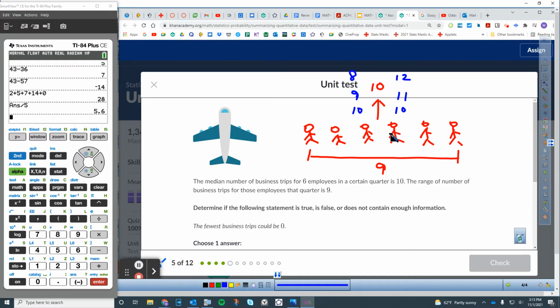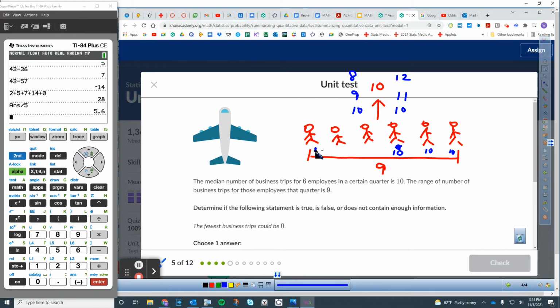Now, just think about this. This person minimum has to be 10. It has to be 10 because it cannot be 9. And we were told that the range is 9. So the minimum is 10. So it's 10, 10, 10, right? Let's say the last 3 are 10.